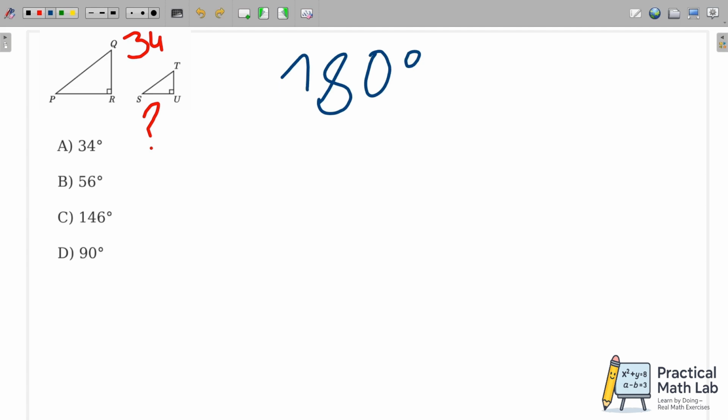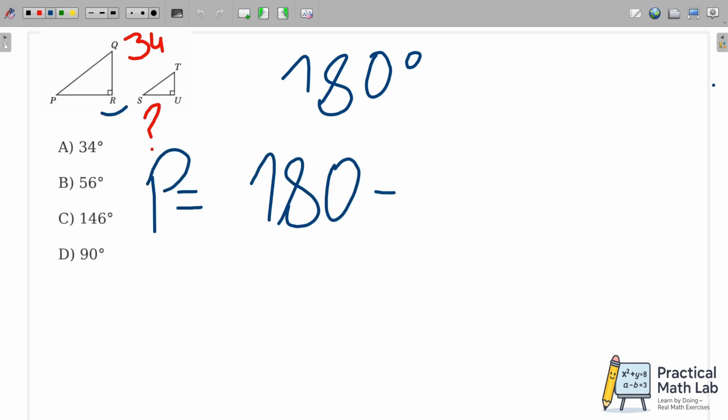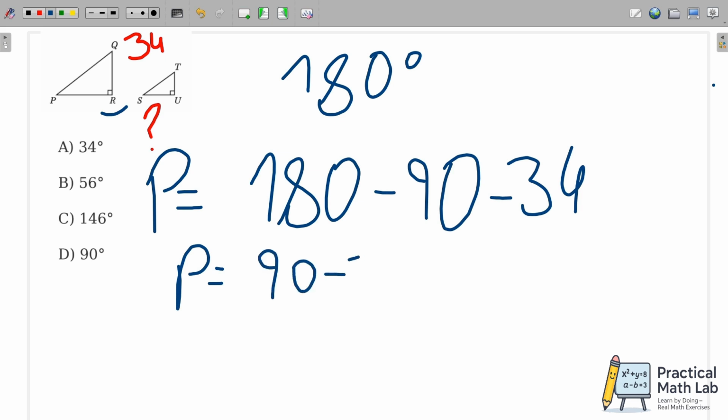So angle P will be equal to 180 minus 90, which is angle R, since it's a right angle, we know it has 90 degrees, minus 34, which is angle Q. Well, then P will be equal to 180 minus 90, which is 90 minus 34. 90 minus 34 is equal to 56.